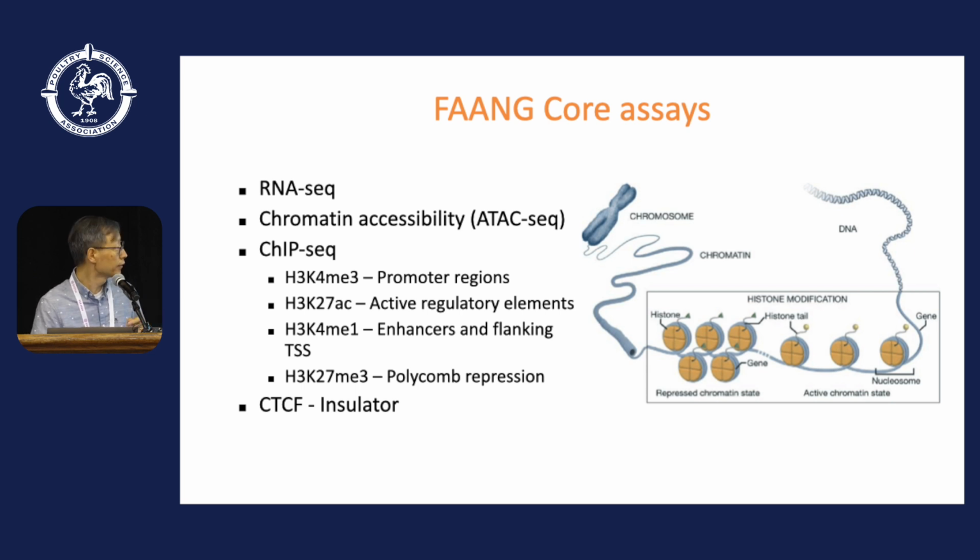These are the most informative epigenomic assays we can use to annotate with a limited budget. As you can see, we need 4 different histone modification marks, because different marks provide different activities of the promoters, enhancers, or other regulatory elements. And CTCF is a transcription factor.